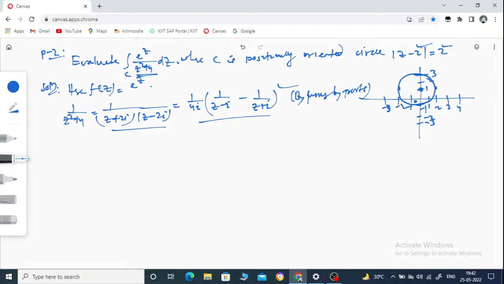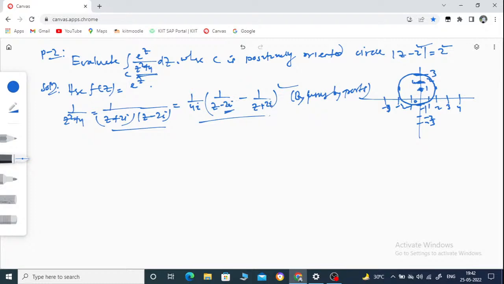So what can I say here? 2i, where will it be? This is your point 2i.